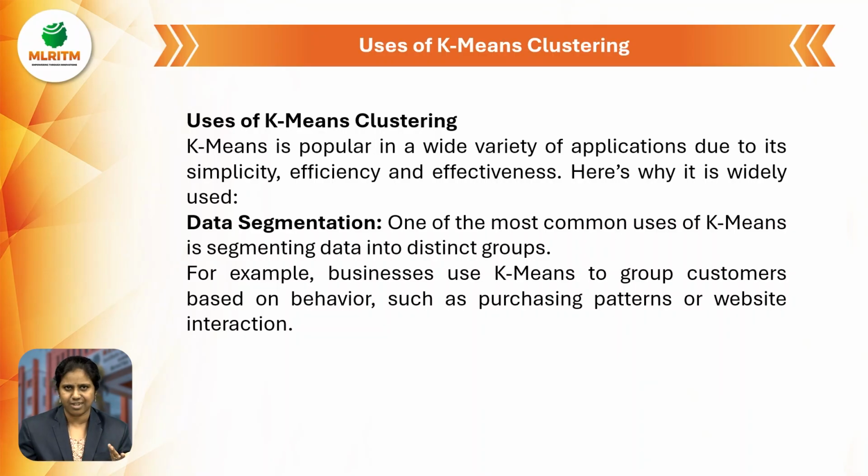If I am buying a pen and another person is buying a pen and has chosen some other type, Amazon may recommend that kind of item to me. K-means clustering helps in recommendation.